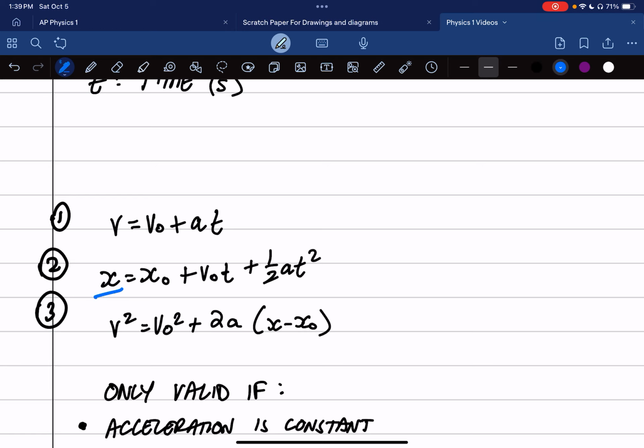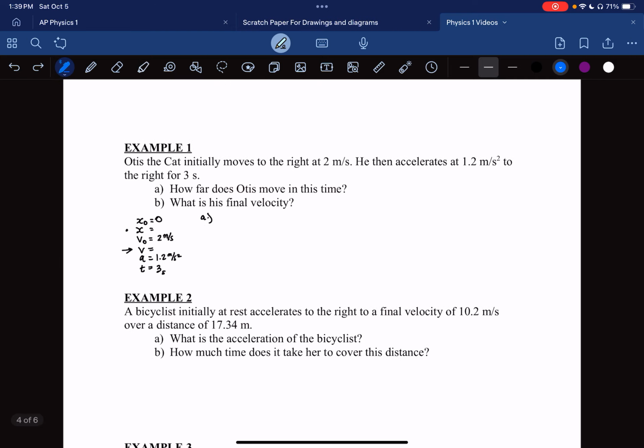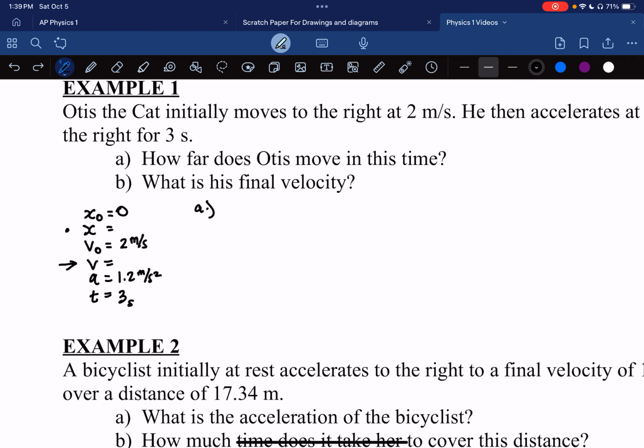Okay, so this has x and this has x, but this one has v, and so we don't want it. This one has v naught, which is fine. We have v naught, so that's okay. So we'll use this one.